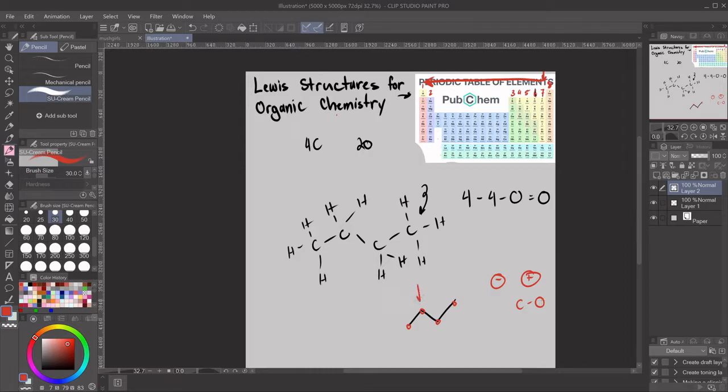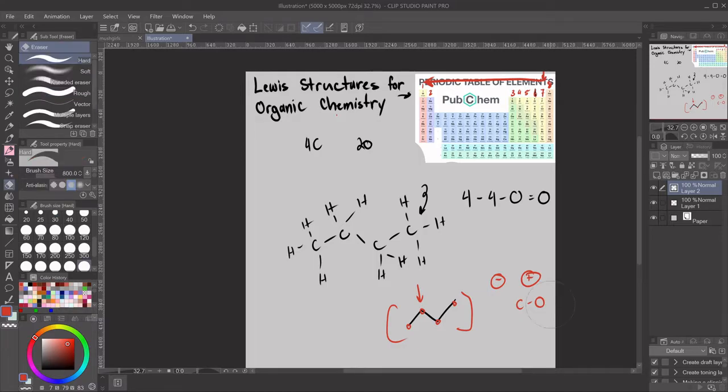However, that will not be drawn in this case. It is implied. So whenever you're looking at a carbon chain like this, you need to make sure to think that the hydrogens are not drawn in, but they are implied, because I would break my wrist if I tried to draw every single hydrogen on something like a 20 carbon chain.